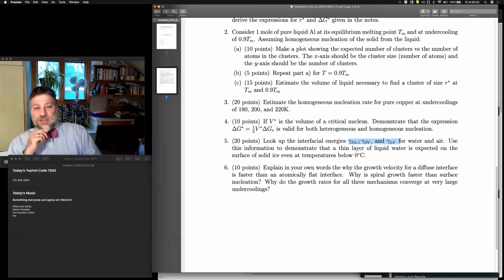You can just look up approximate values. Use Google as your friend here to find these interfacial energies.